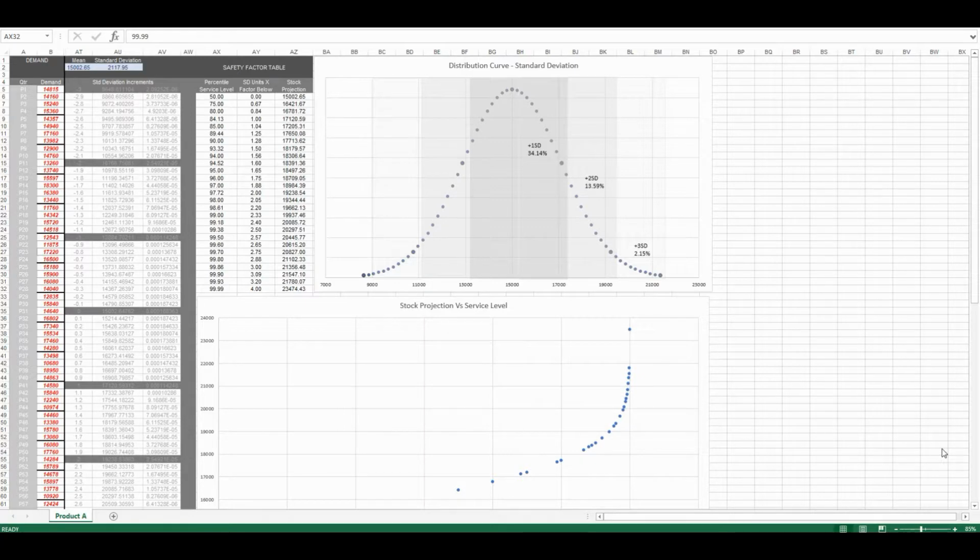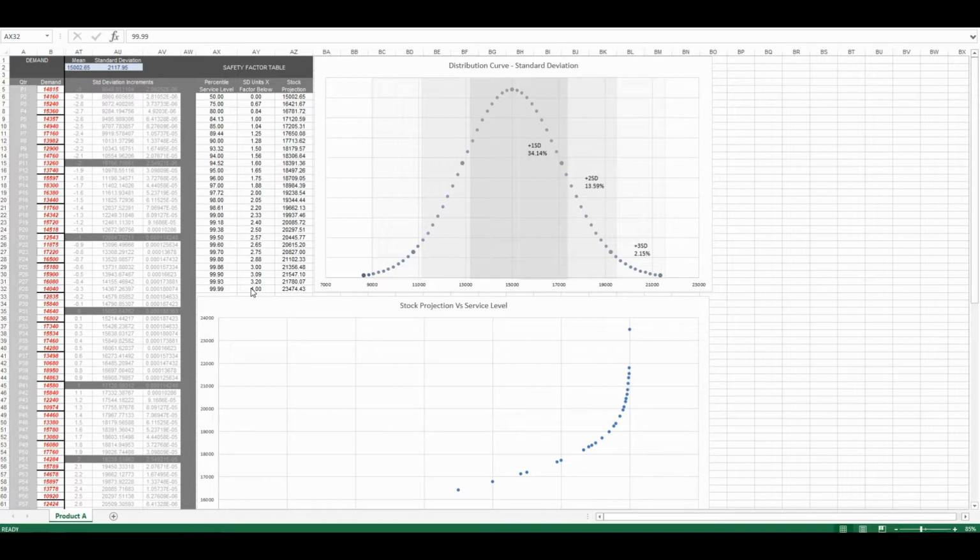So, in conclusion for this video, the pros and cons of using standard deviation as a tool for inventory management and safety stock specifically. Pros, as you can see, this is actually a very simple method to execute. You can adopt a safety factor using this table here to hit desired service levels, so it's good from that perspective. The cons, it uses the average as a forecast, which, as you'll see from my other videos, is not the most accurate of measures in which to forecast.